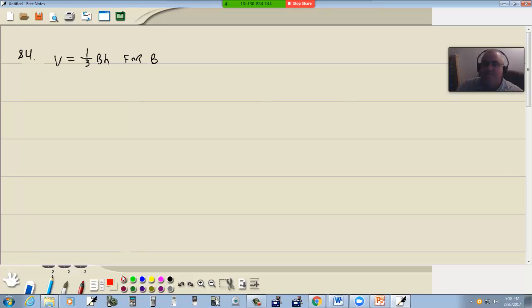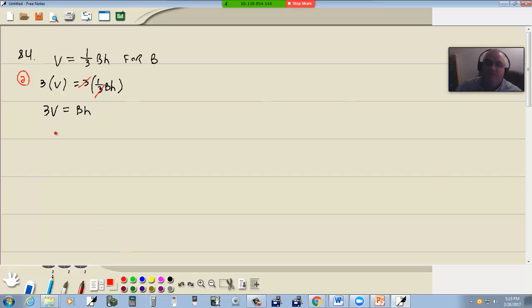Don't have any. Step 2, get rid of fractions. Multiply by the LCM of all your denominators. We only have one denominator, the 3, so that is our LCM. So we'll take 3 times v, and we'll take 3 times 1/3 bh. You multiply 3 by what's separated by pluses, minuses, and equals. Now 3 times v is 3v. Over on this side, these 3's cancel, and we end up with bh.